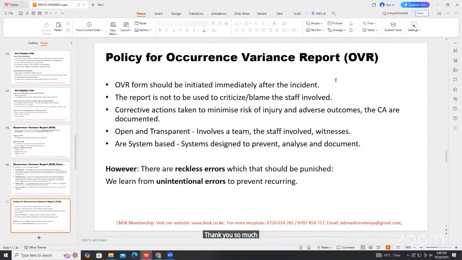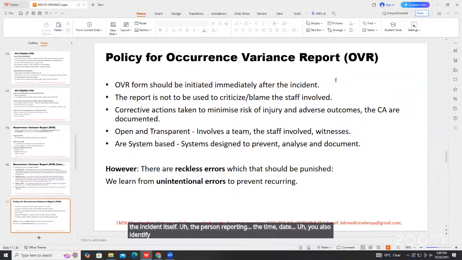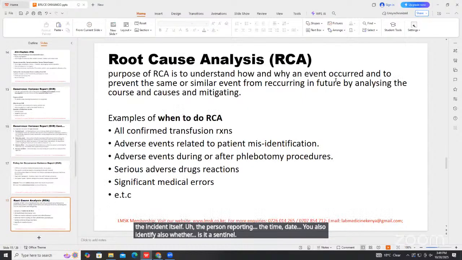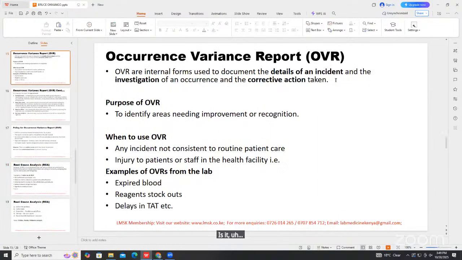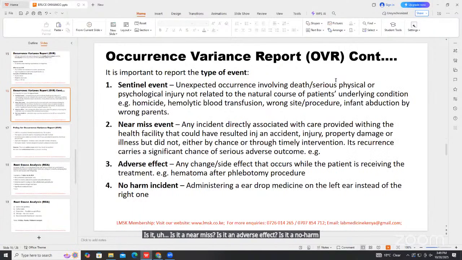Thank you so much. It should contain the incident itself, the person reporting, the time, date. You also identify whether it is a sentinel, a near miss, an adverse effect, or a no harm incident.